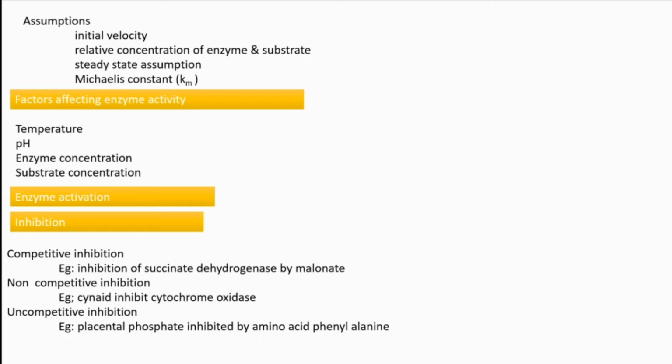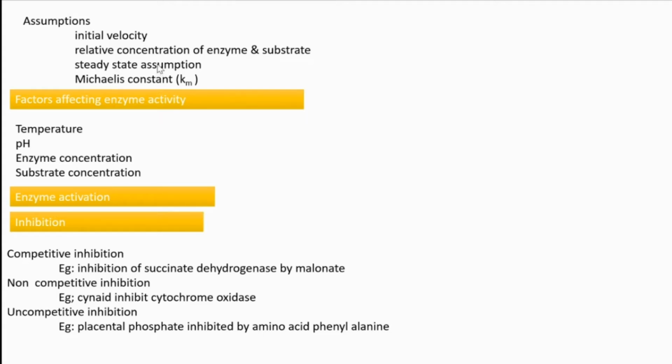According to the Michaelis-Menten rate equation, the concentration of substrate is more than the concentration of enzyme. As this is the condition, the amount of enzyme substrate complex will be less at a given time.